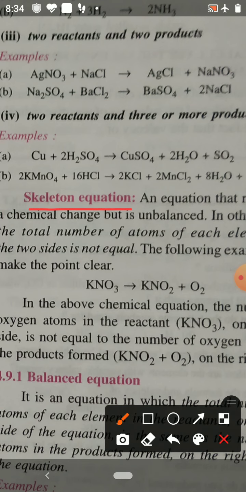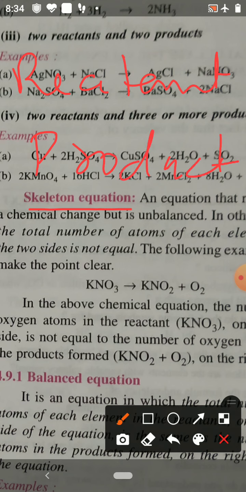It means the number of atoms in the reactants and the number of atoms in the products are not equal. So that is skeleton equation.